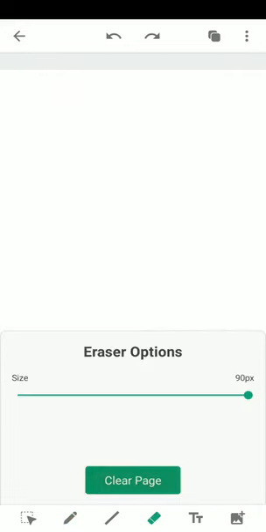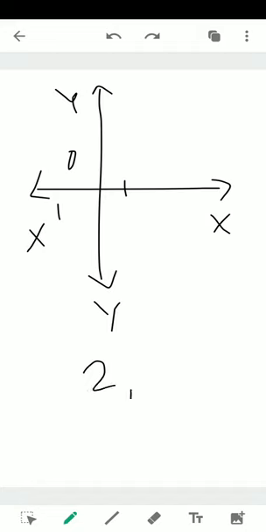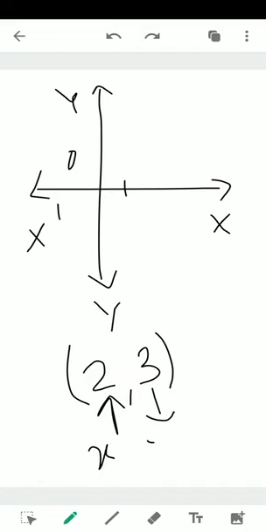So before we move ahead, we should understand something called ordered pairs. So what is an ordered pair? It is very simple. If I have a point, something like this is x, this is y, this is x dash, and this is y dash, and this is O. And if I want to plot a point 2, 3, this 2 is along the x-axis and this 3 is along the y-axis.